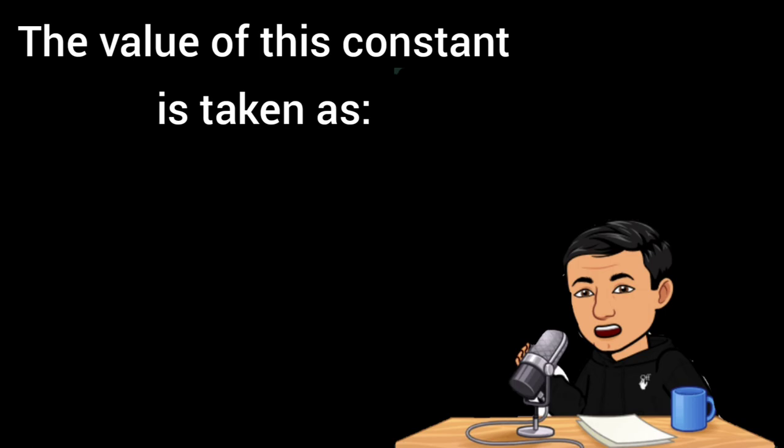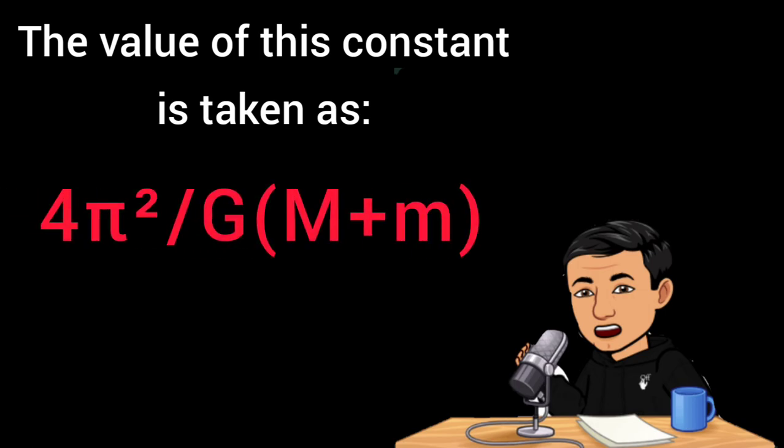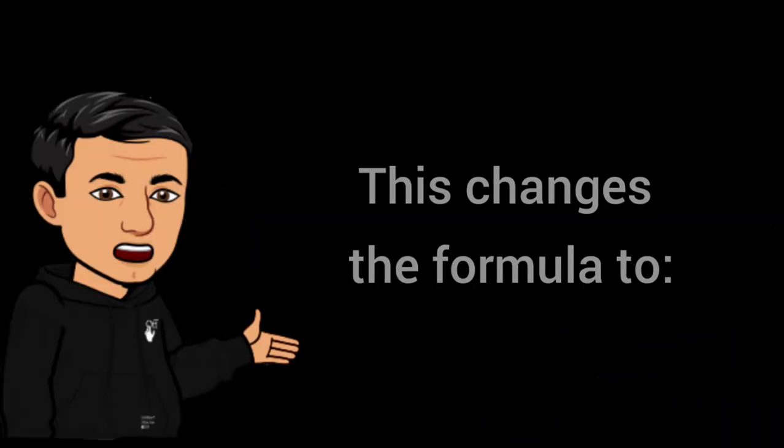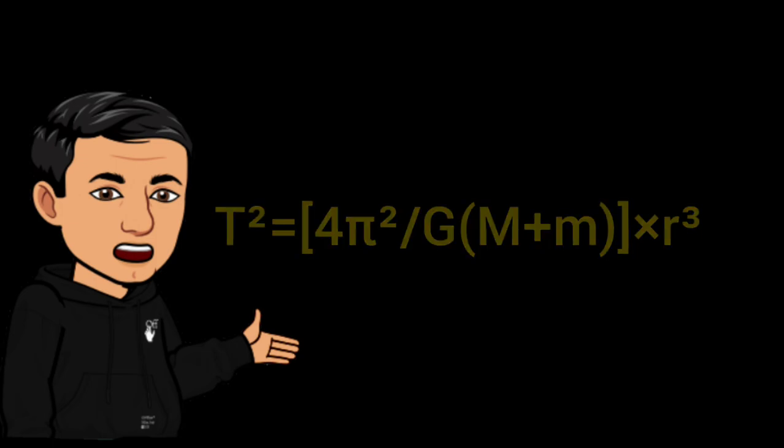The value of this constant is taken as 4 pi square by G whole into capital M plus small m. This changes the formula to T square is equal to 4 pi square by G whole into capital M plus small m multiplied by R cube.